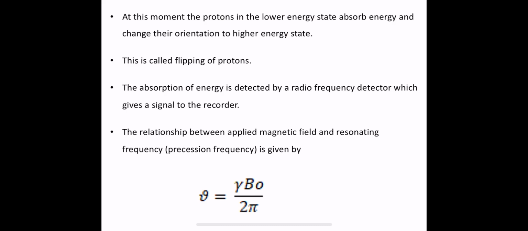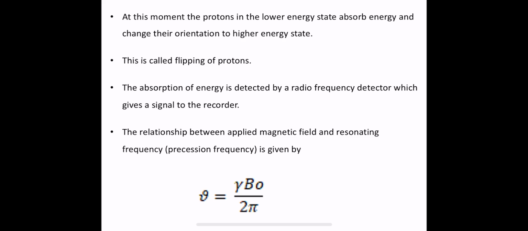Okay, so now what is the relationship between the applied magnetic field and the resonating frequency? This is the equation which defines the relationship. Here nu is the resonating frequency, B naught is the applied magnetic field, and gamma is the gyromagnetic ratio, which depends upon the resonating nucleus.